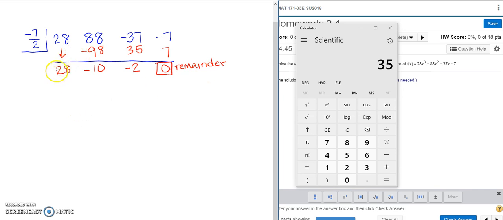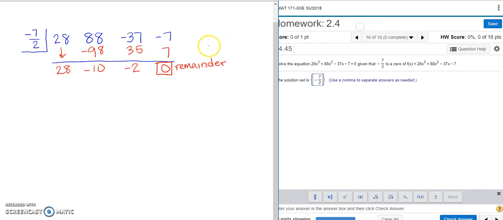So now my polynomial has dropped a degree. If it was x cubed, now it's x squared, and if it was x squared, now it's x. So I have reduced my polynomial from something with 4 terms that was cubic to only 3 terms, and it's a quadratic.